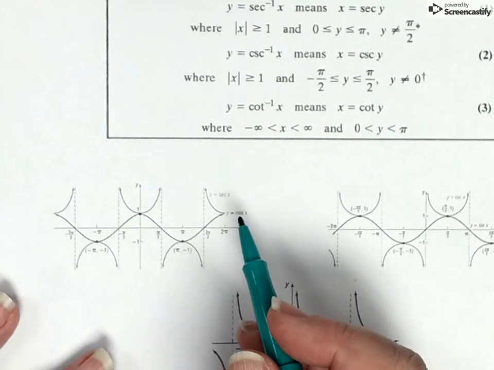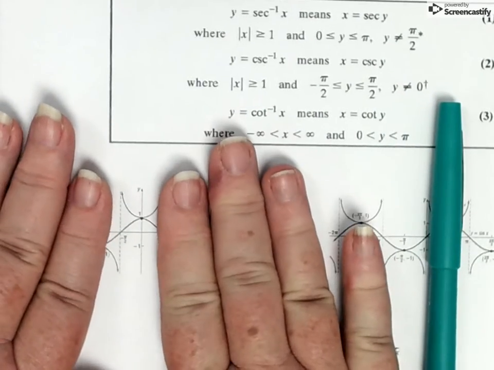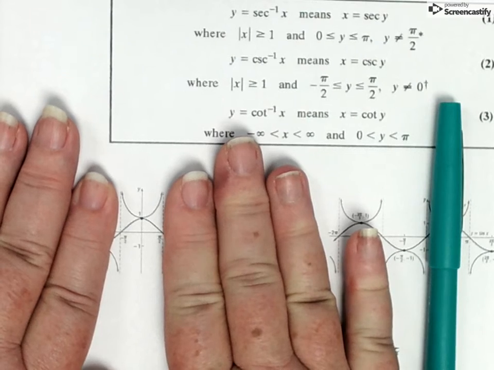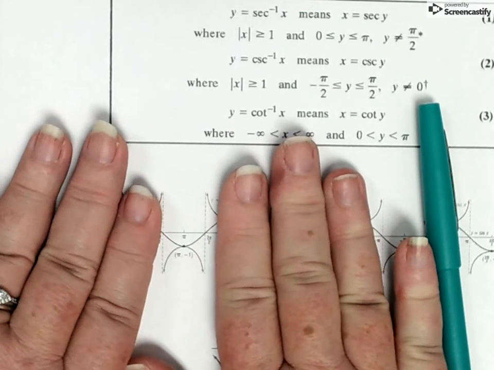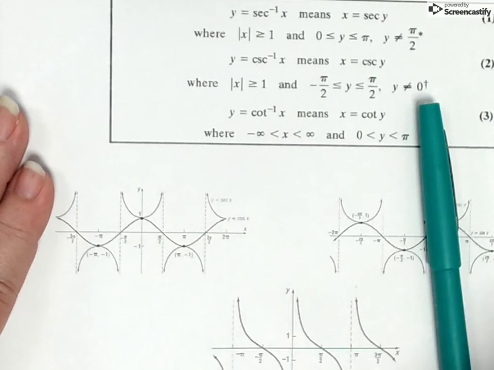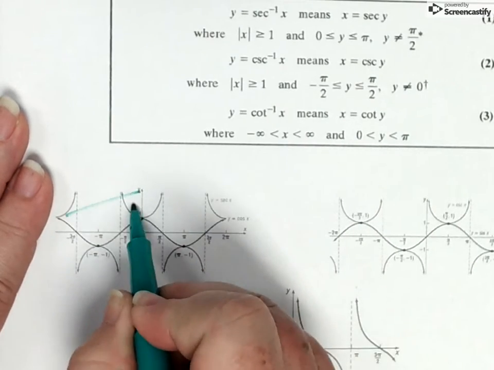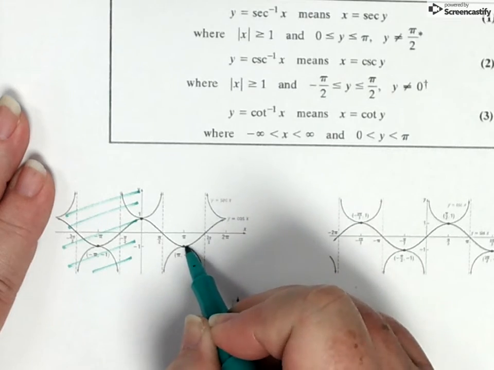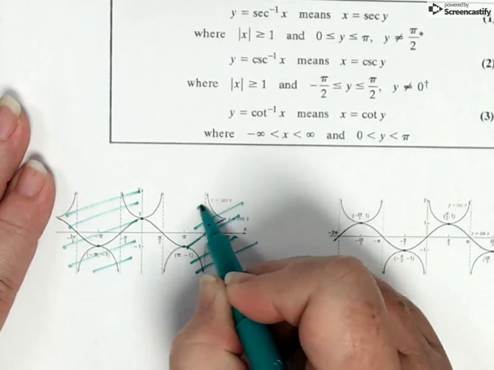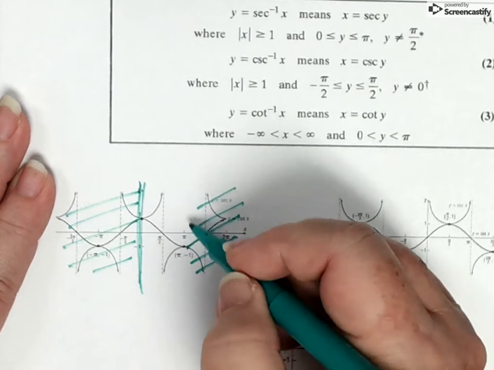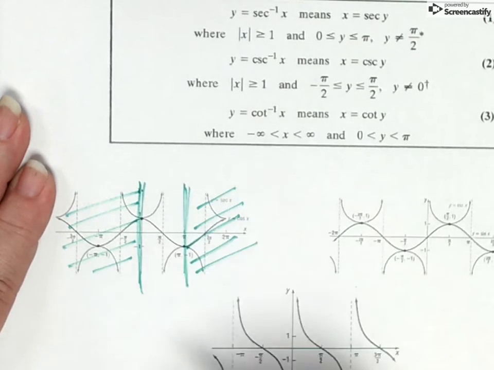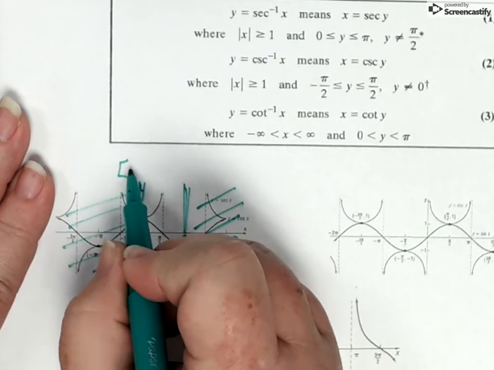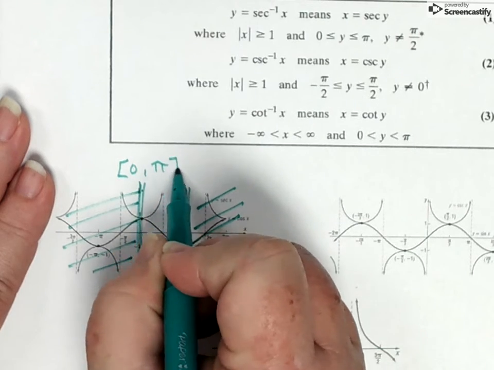Well, the only way to make it 1 to 1 is if I break it right here, not at the asymptotes. So the only way to do this problem is to break it here. We're going to break it from 0 to pi. So the domain we're going to use for secant is 0 to pi.